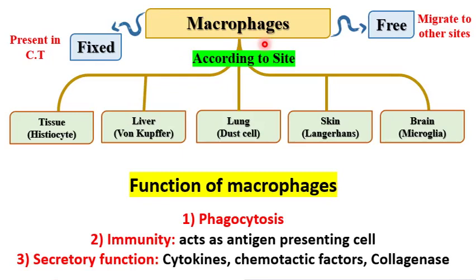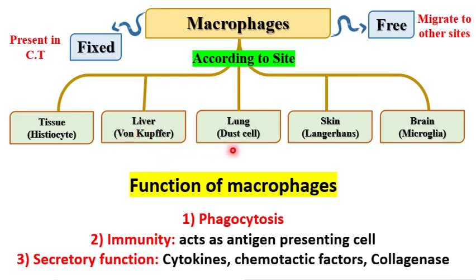Name of macrophage differs according to the site of macrophage. Macrophage of any tissue, connective tissue, epithelial tissue, is called the histiocyte, as histo means the tissue. But macrophage of the liver is called Kupffer cell.